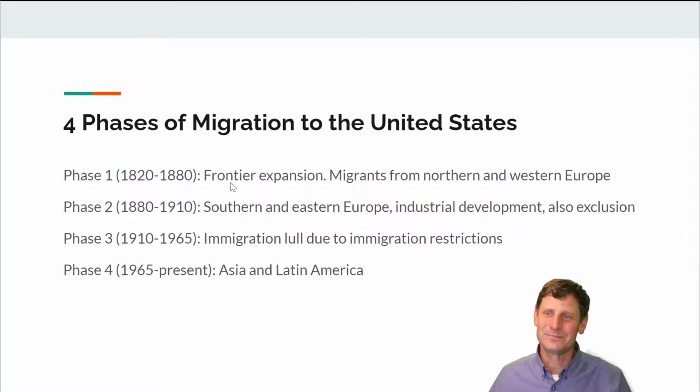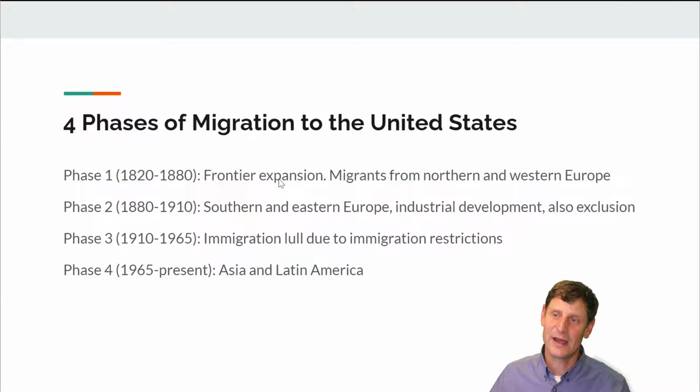The first phase here is this frontier expansion in the earliest part of U.S. history. There wasn't a ton of expansion across the Appalachian Mountains. Most settlement took place along the eastern seaboard, but eventually European settlers started looking beyond the Appalachian Mountains and settling the Ohio River Valley and then eventually the Mississippi River Valley.